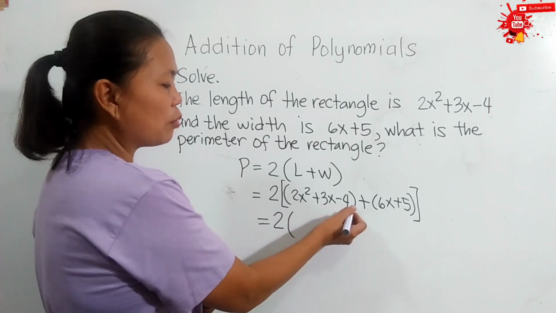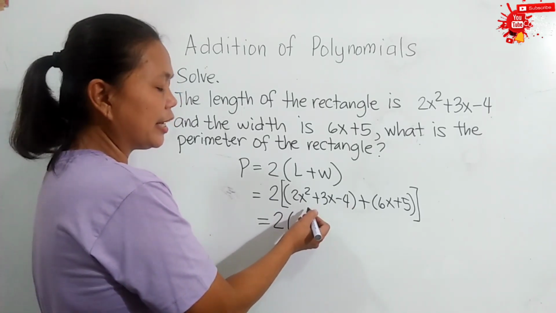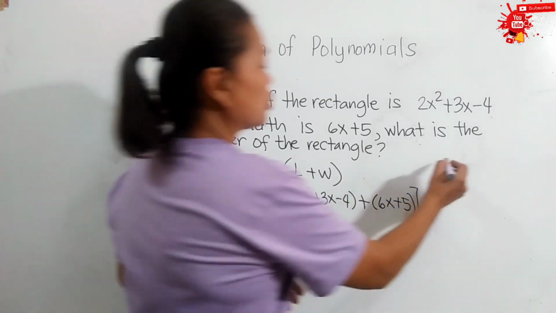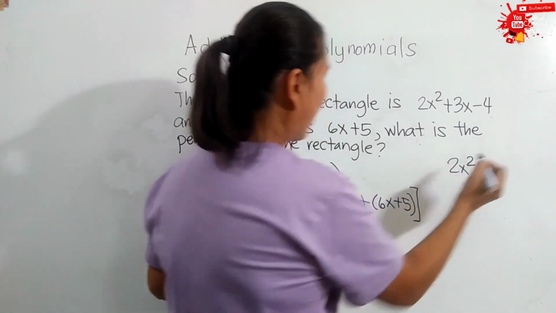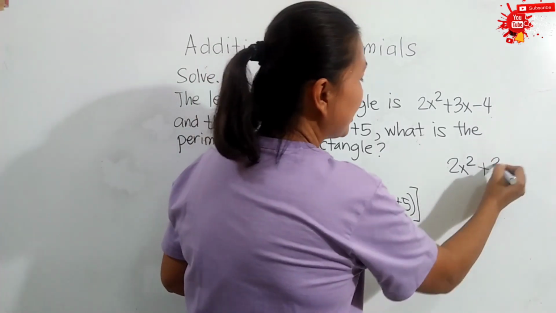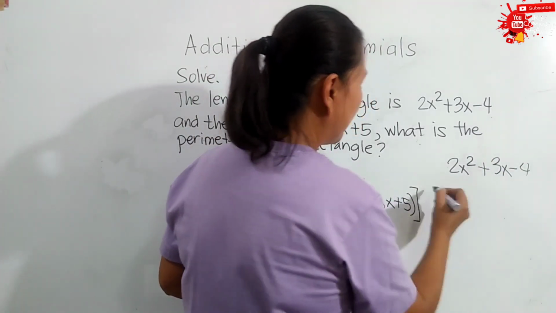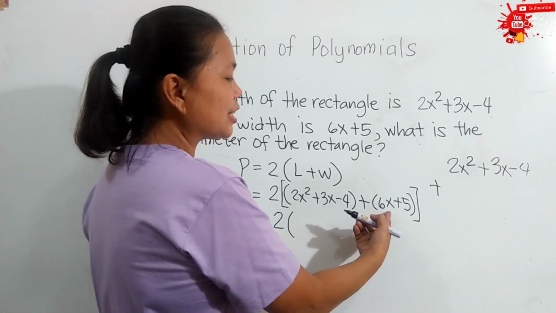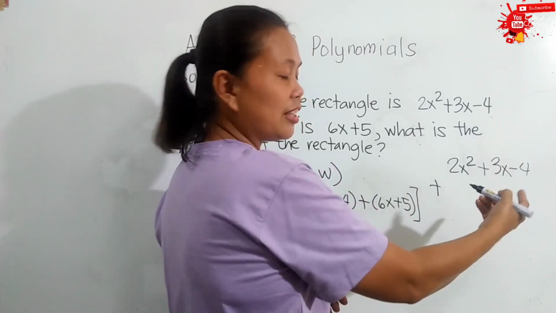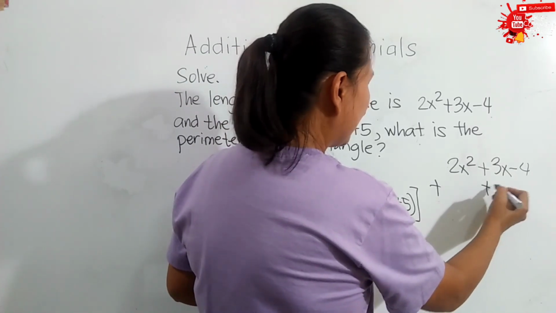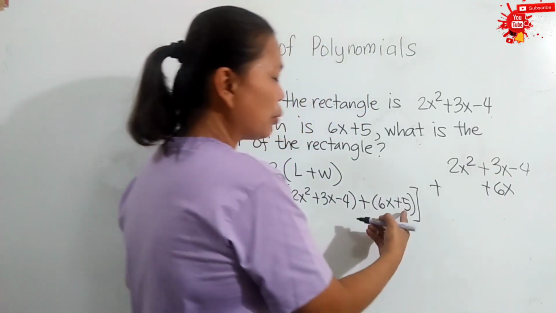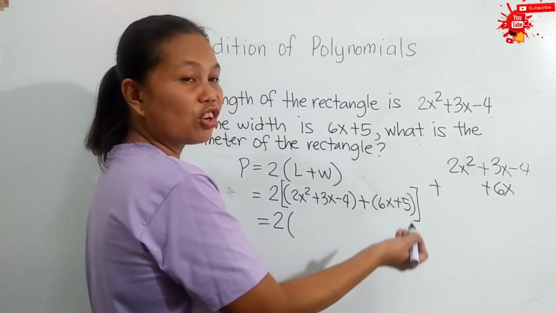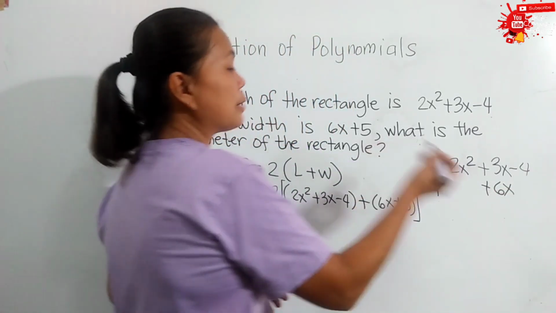This polynomial is arranged already in descending order, or what we call the standard form. So we have here 2x squared plus 3x minus 4 plus the width, which is 6x plus 5. So we rewrite 6x below 3x because they are similar. So positive 6x. Then we have here positive 5. We write it below negative 4 because they are both constants, so they are similar terms.